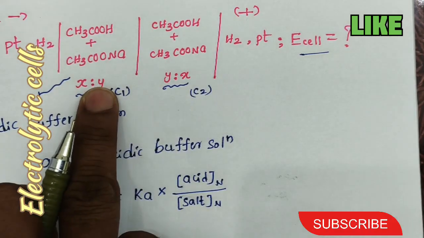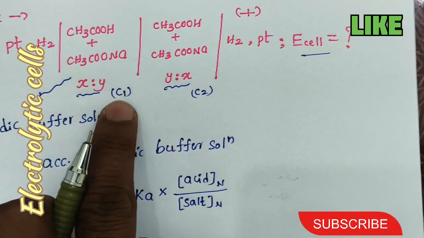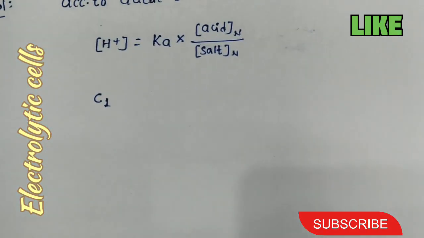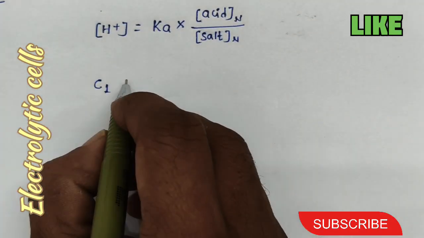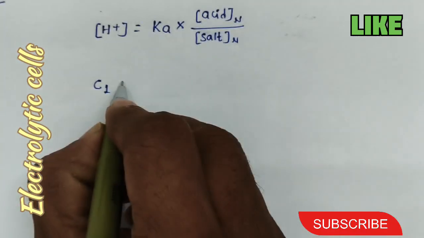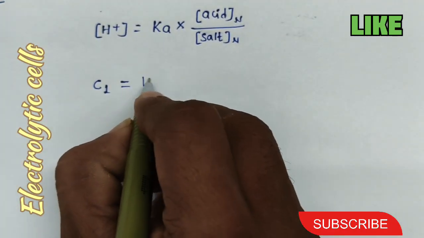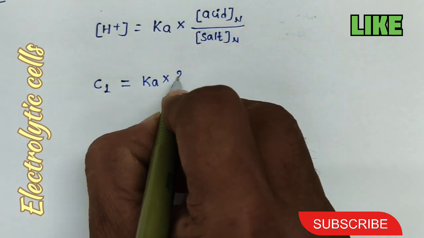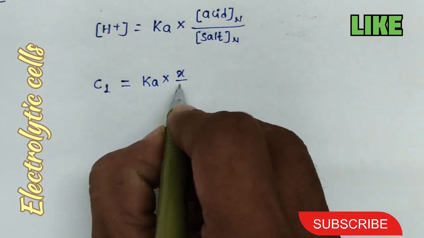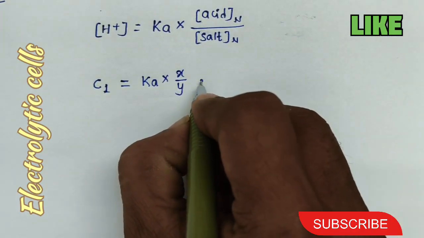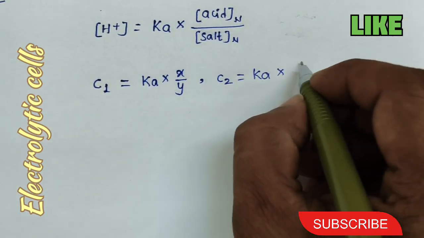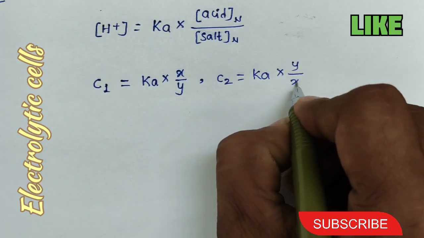The anode side is C1, the cathode side is C2. So the concentrations of those compounds are given. Next, C1, how to calculate that? C1 is nothing but the H plus ion concentration. We can write Ka into acid concentration X, salt concentration Y, so we can write X by Y. Next, concentration of C2 is equal to Ka into Y by X.